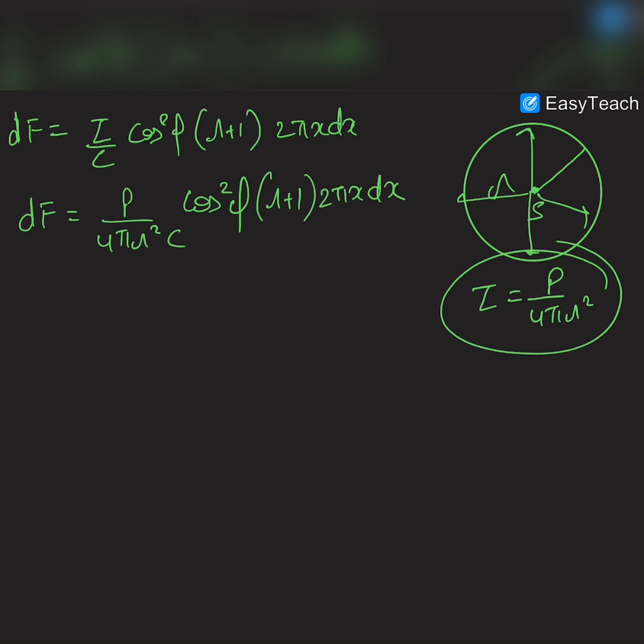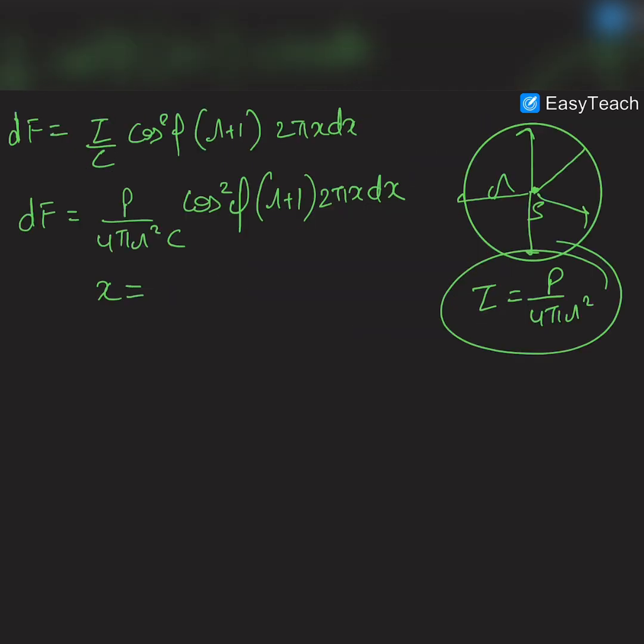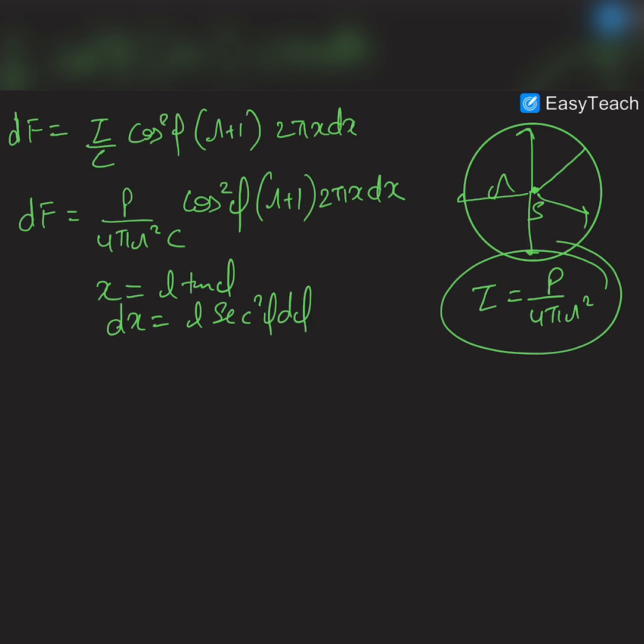Now we know that x by L is tan phi, so x is equal to L tan phi, and dx will be equal to L sec square phi d phi, and cos phi is equal to L by r, so r is equal to L sec phi.